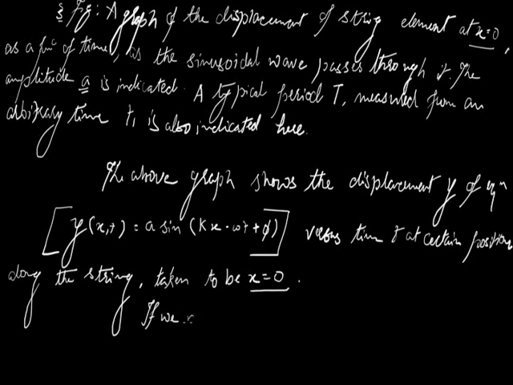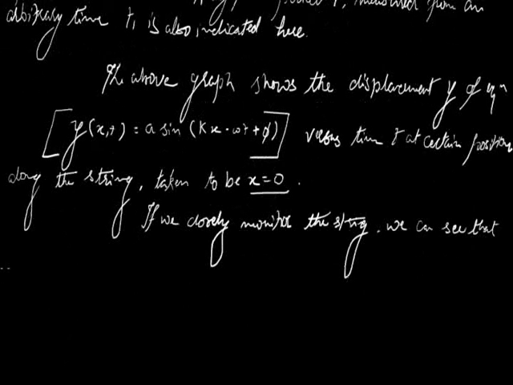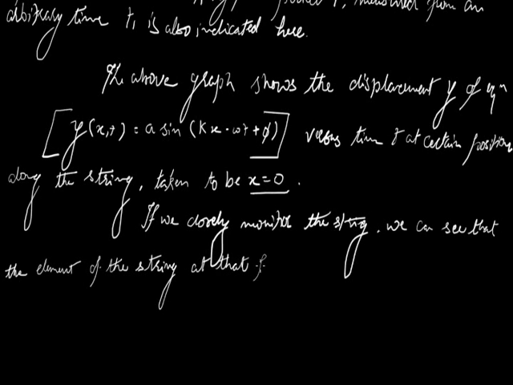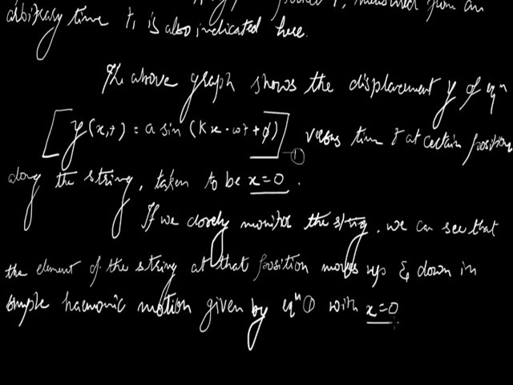So if we closely monitor the string, we can see that the element of the string at that position moves up and down in simple harmonic motion, given by equation 1 with x equals 0.